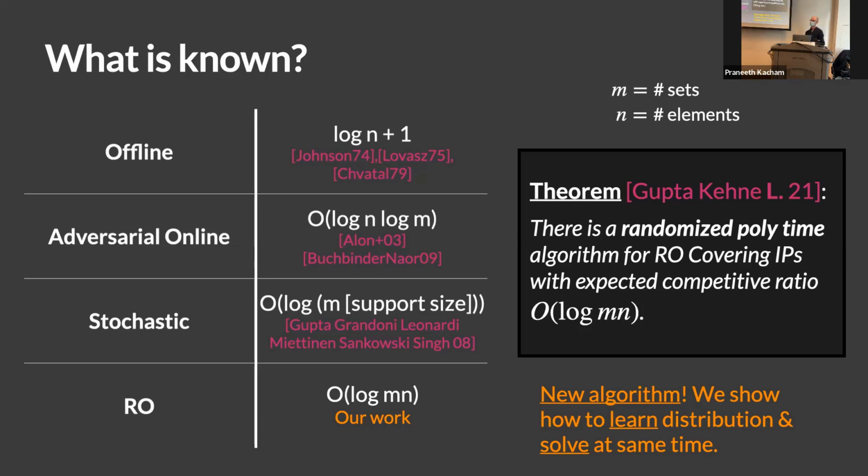But if you have this information, you would have... In some sense, we generate something like this information from the random order model, and we're matching the best possible offline thing. So there's not much more you can do unless you want to study the regime where m is exponential in n. But couldn't it help the adversarial online algorithm to know? Oh, I see. In that setting, it could, yeah. I'm not sure. That's a good question.